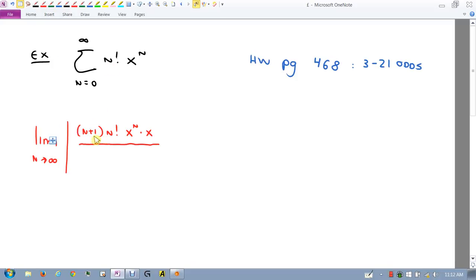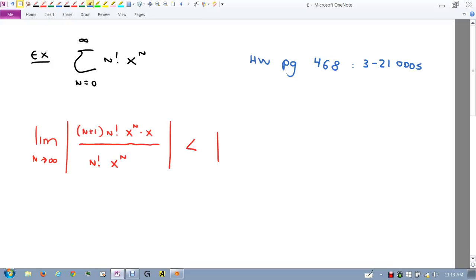I already split it apart because I know I'm going to need the cancellation. And then x to the n plus 1 is x to the n times x. Now notice we don't have a fraction here. So when we actually come through and divide it by the a sub n, we can just do the division right now. We don't have to write the reciprocal because there's no fraction. So n factorial on the bottom, x to the n. Is that clear? You understand? Yeah?